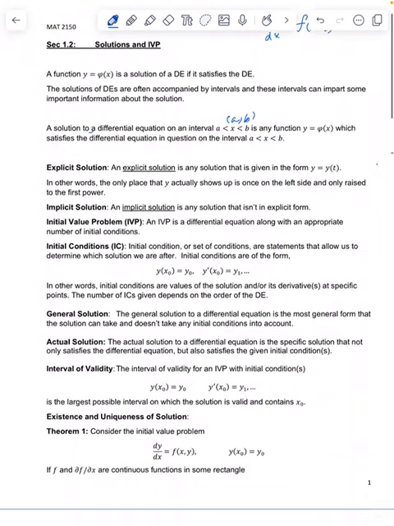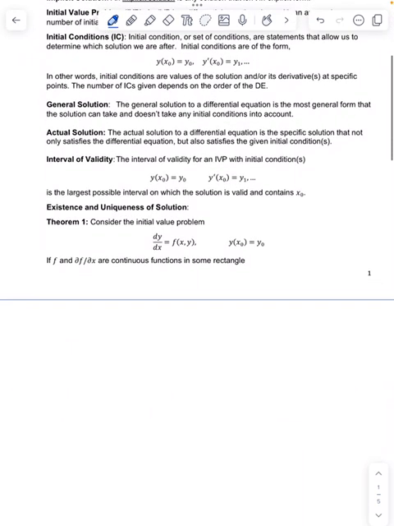So what is an explicit solution? If you recall, maybe at some stage you might have seen this. If you have a function or an equation y is equal to x squared plus sine x minus 5, then this is called an explicit equation, because the dependent variable y is written on one side and it is alone, raised to the power 1, and the right hand side is just a function of x.